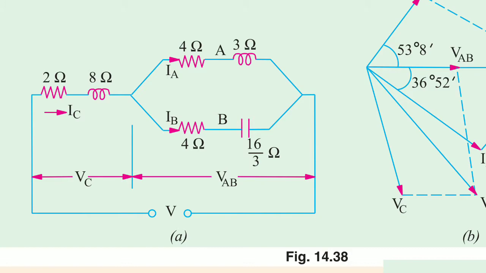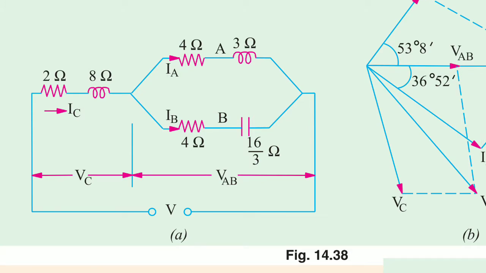The current in branch C, IC, the branch impedance is 2 ohms and 8 ohms. The current flowing is IC, and this current is divided into two branches. In branch A, the current is IA. In branch B, the current is IB.